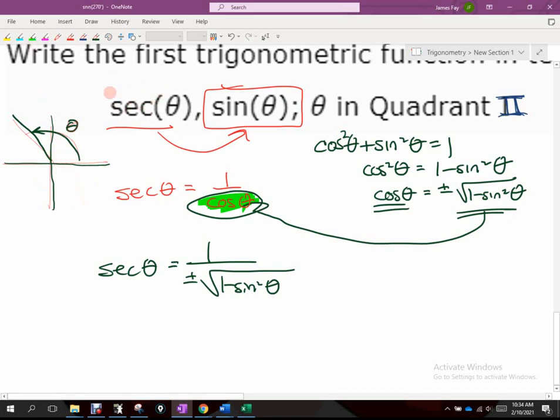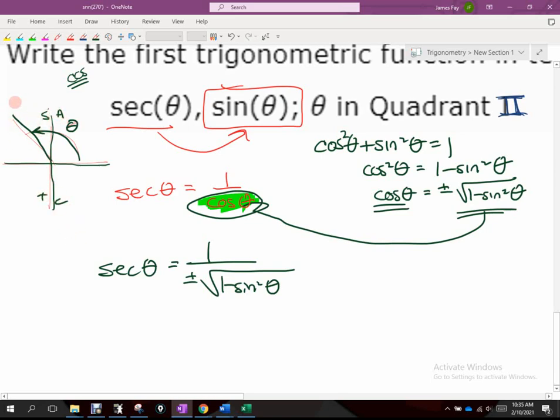What is the reciprocal of secant? Cosine. Okay? So if I know where cosine is positive or negative, I should also know where secant is positive or negative, right? So cosine is negative in quadrant 2, because all students take calculus, right?